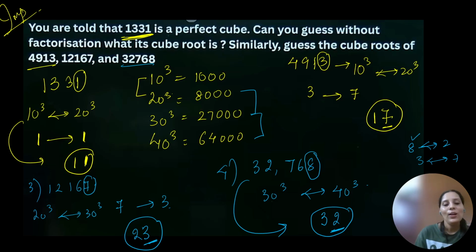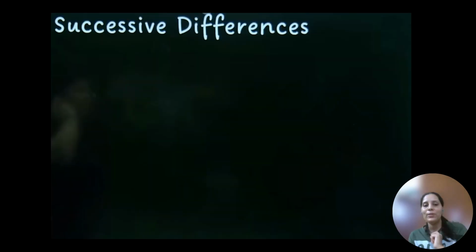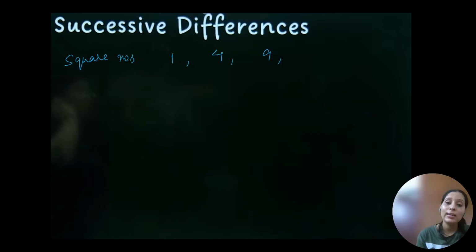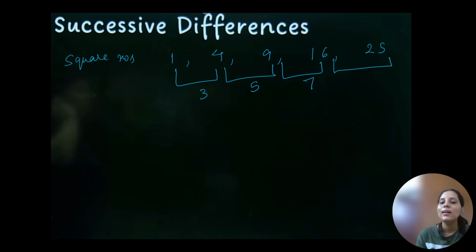All right. One last topic for this chapter, successive differences. Now, what are successive differences? Let us take square numbers: 1, 4, 9, 16, 25. Let us find the differences: 3, 5, 7, and 9.